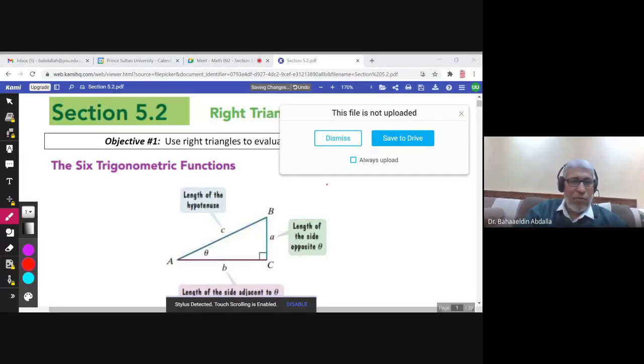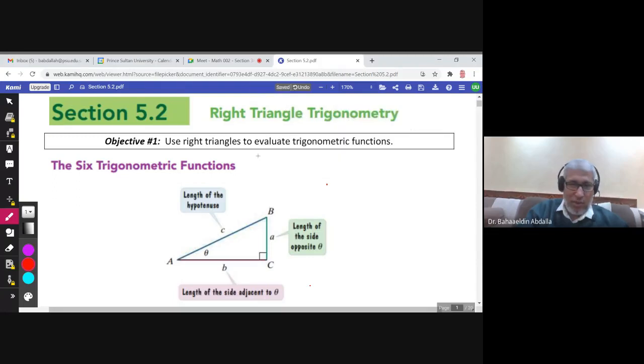This is section 5.2. We finished section 5.1, and this is the second section about trigonometric functions.